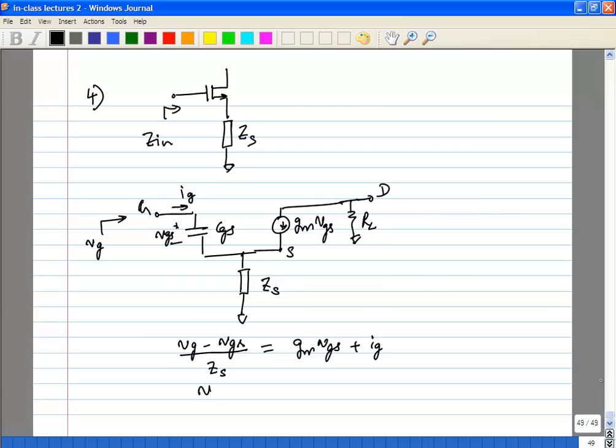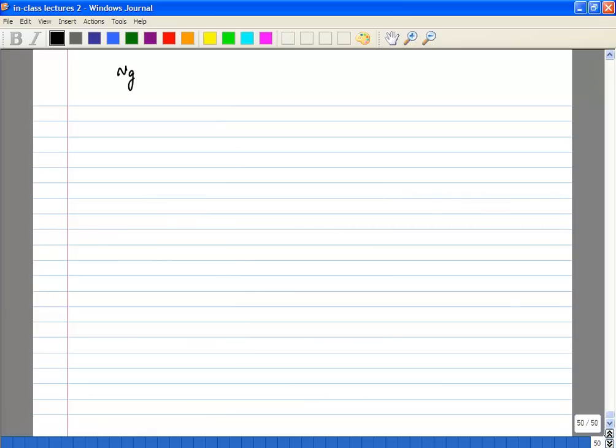So in other words, Ig times Zs plus Vgs times, okay, so this is one equation we have. The second equation we are going to write is just here, because we know the relation between Vgs and Ig, because it's just through a capacitance Cgs.